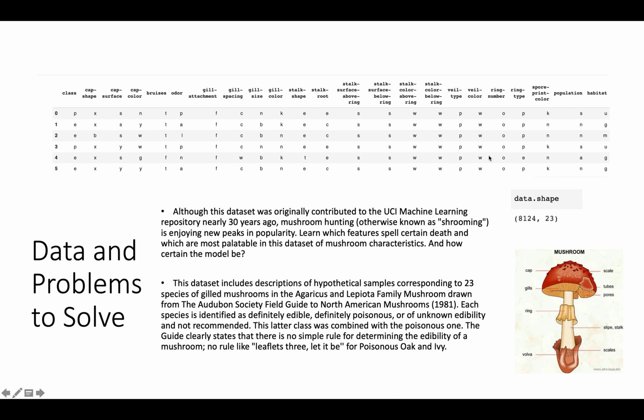Our data have 8,124 entries and 23 columns. The most important column is the first column, which describes if the mushroom is poisonous or edible, indicated by P and E. We could also have a look at the mushroom: it has a cap, different shapes, different colors and different surfaces, and they are all different attributes of the mushrooms.